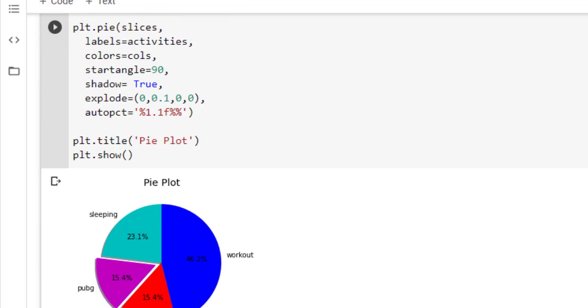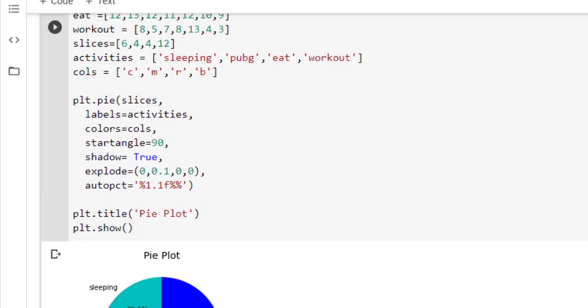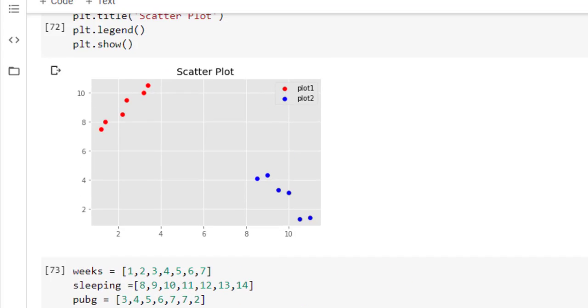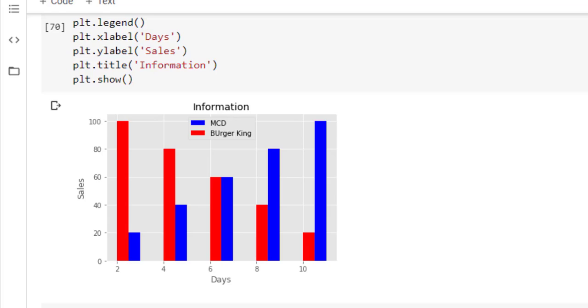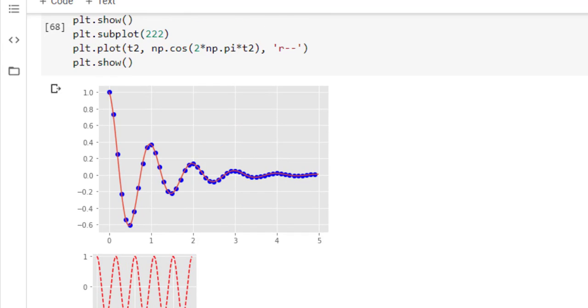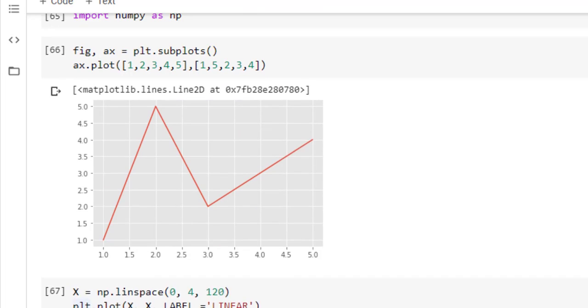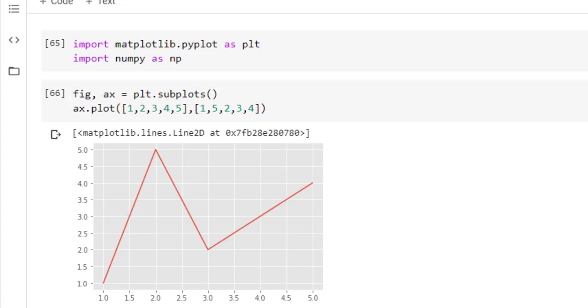Similarly, taking the above data, we plot a pie chart having the same data, but the starting angle is 90, and we get this type of data giving us different percentages of people in different pies. And these are the different types of visualizations that we can use using Matplotlib.